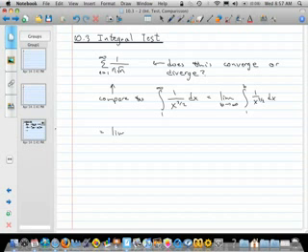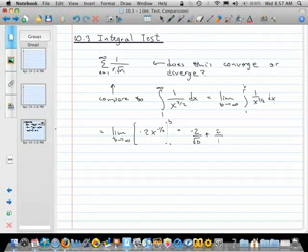That equals the limit as b goes to infinity of the quantity negative 2 times x to the negative 1/2, evaluated from 1 to b. That is negative 2 over square root of b plus 2 over 1.